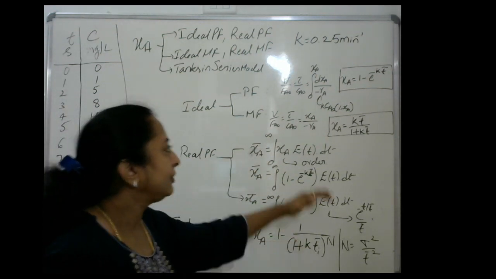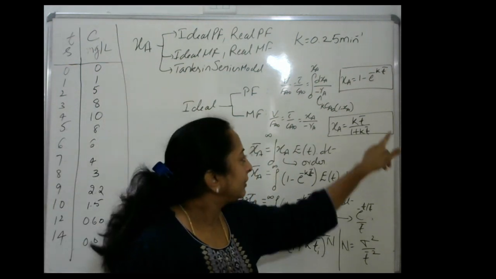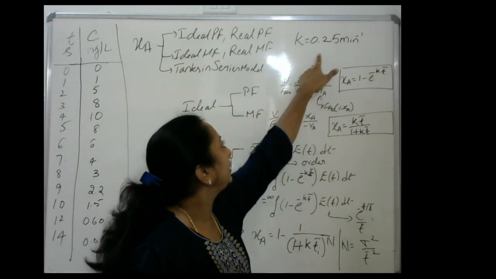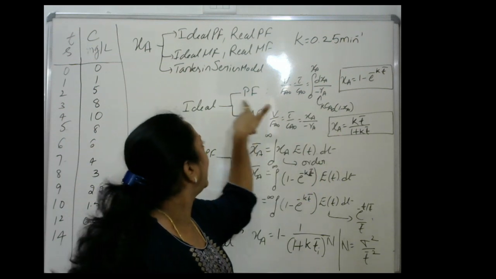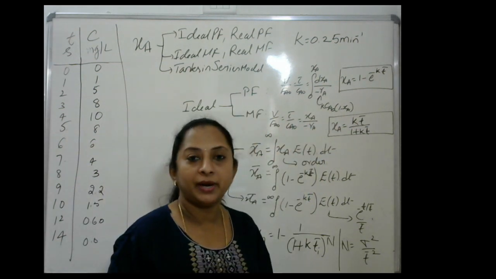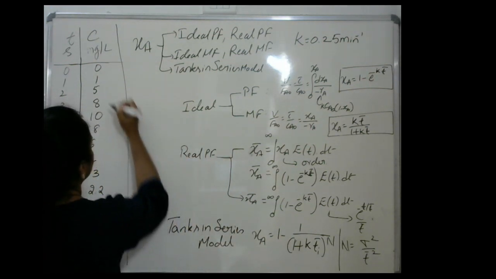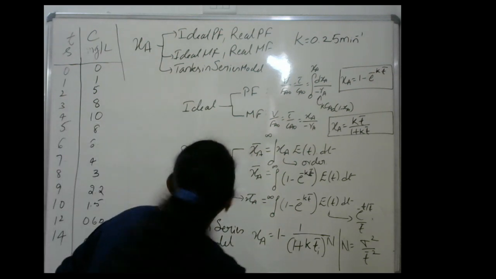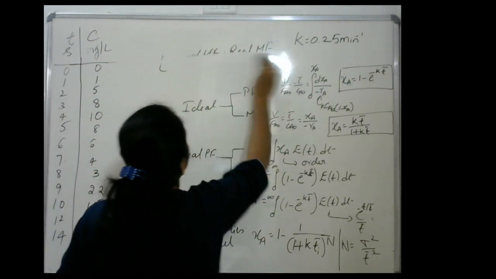So in all these, if you observe, what I should find from the experimental data given is T bar. See, K is given to me. And what do you need to find XA for an ideal PF? T bar. So how to find T bar? T bar is already discussed in the very beginning classes. I'll just write the expressions here.